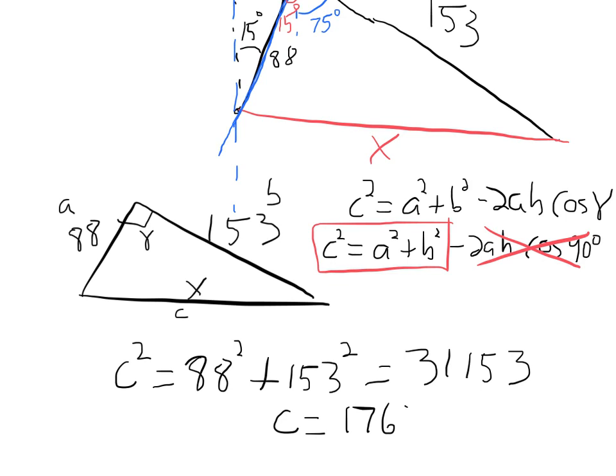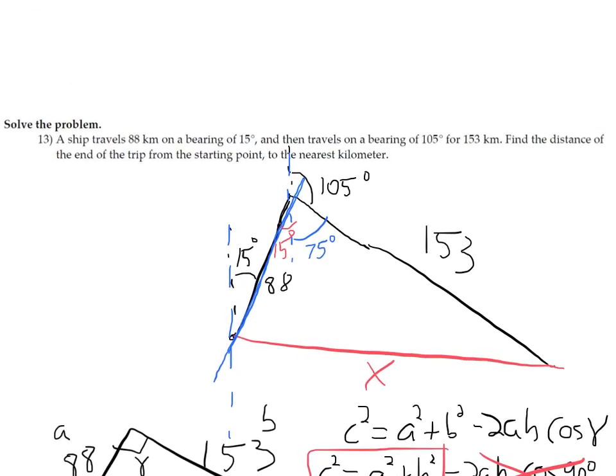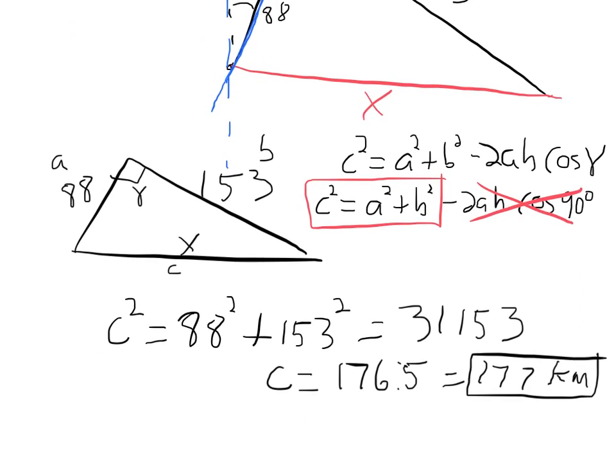So let's go to 177 kilometers. The reason why I went to 177 kilometers is the instructions say round to the nearest kilometer. So they're 177 kilometers away from their starting point. That completes this problem.